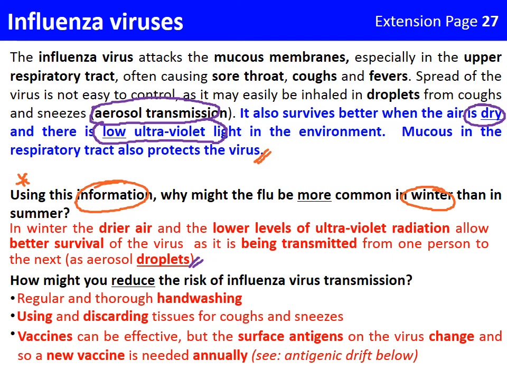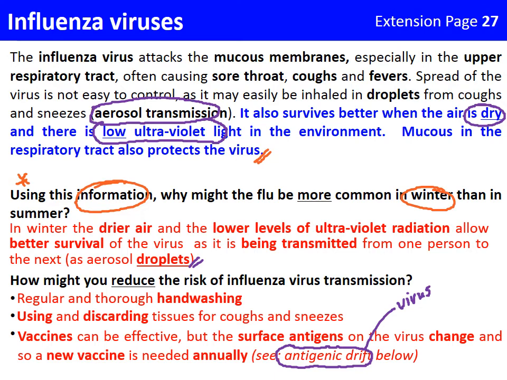However, we do know that influenza, because it is a virus, it does actually have quite a high mutation rate, and antigenic drift can then occur. So new antigenic strains of virus can emerge each year, and that's why a certain vaccine is not necessarily going to be effective, because a new strain of virus might be present that has a different surface structure, slightly different surface structure, so it's seen as a different antigenic type.